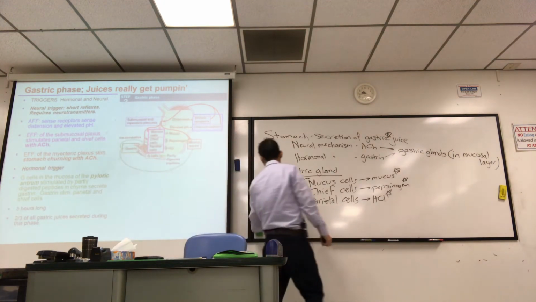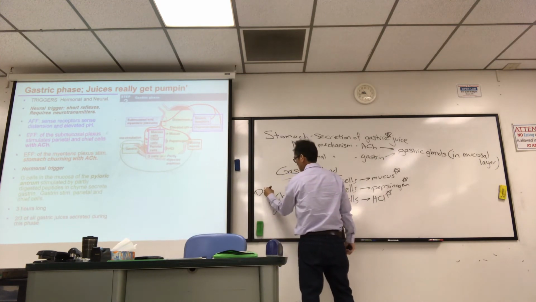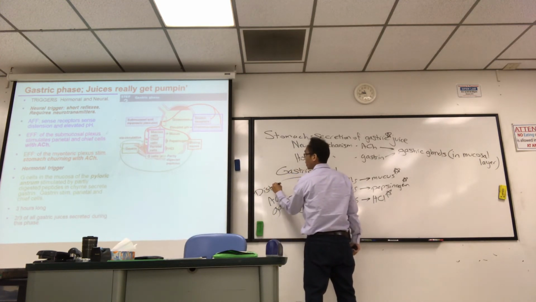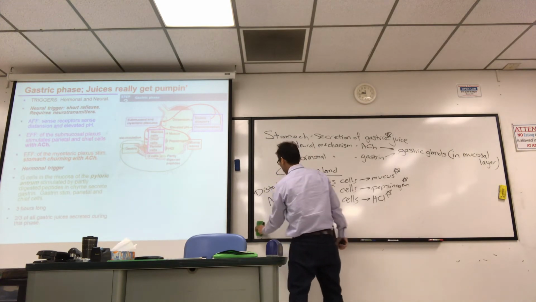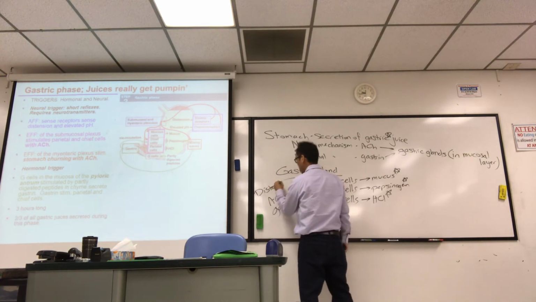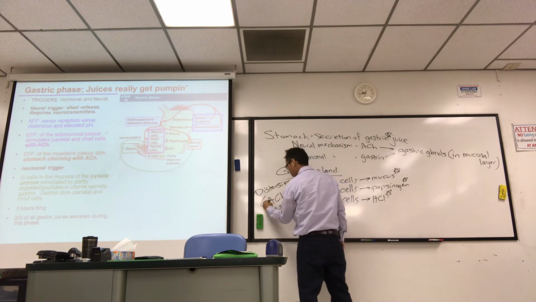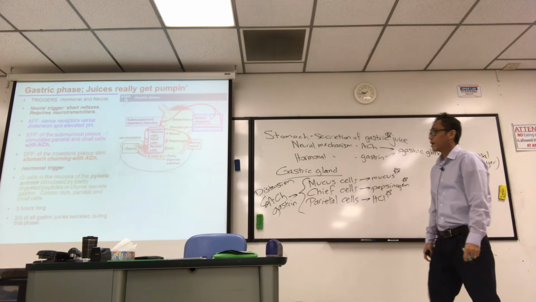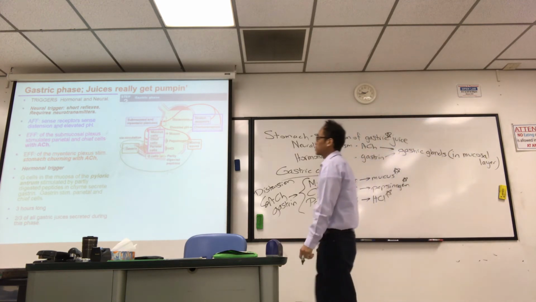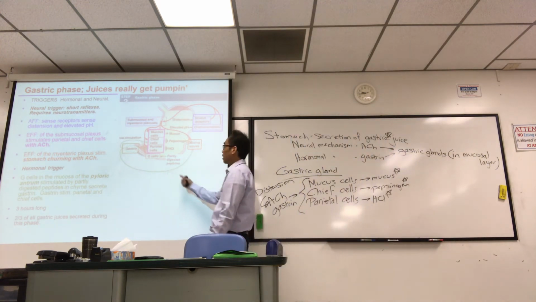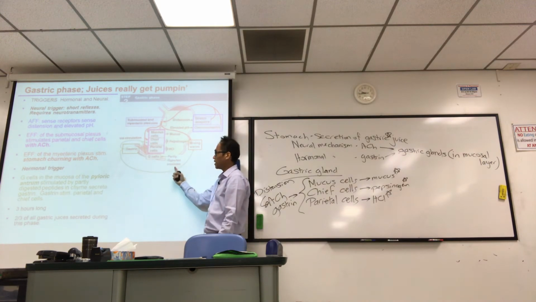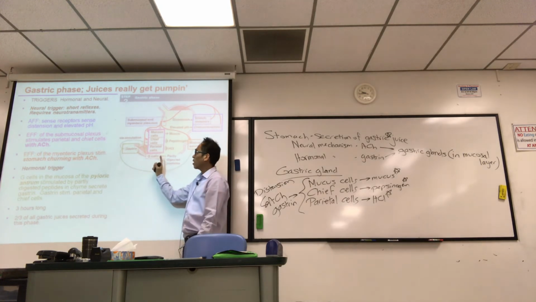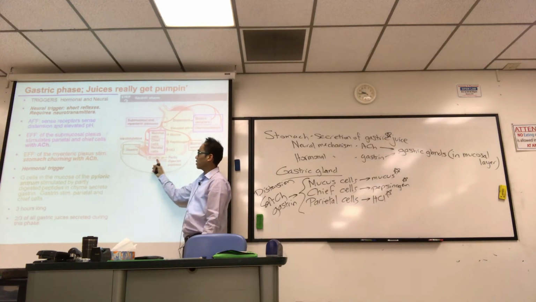So you put distension. Distension means stretching. You'll get some ACH release. And as food reaches the pyloric region and it's partially digested, those partially digested peptides will have the release of G cells.